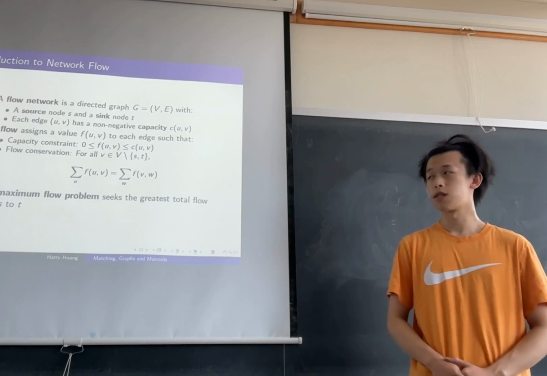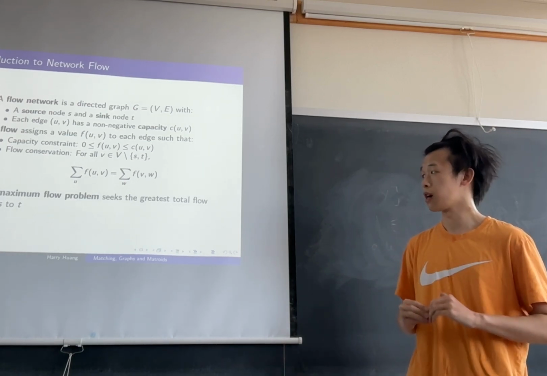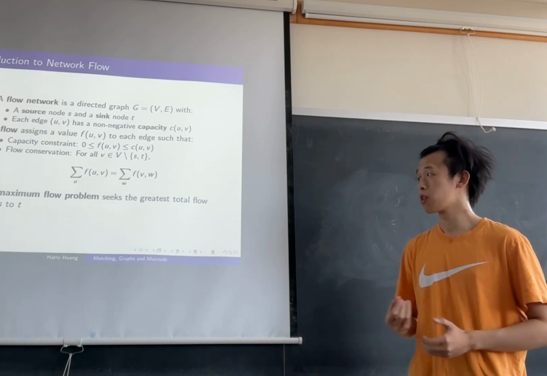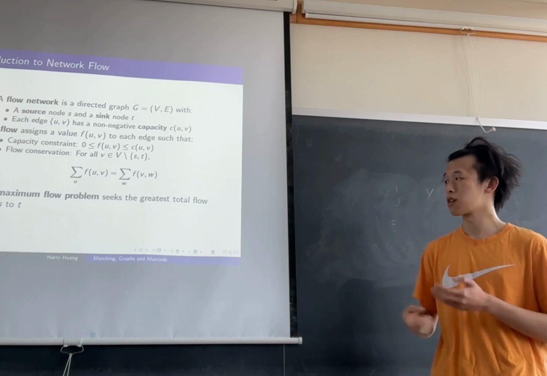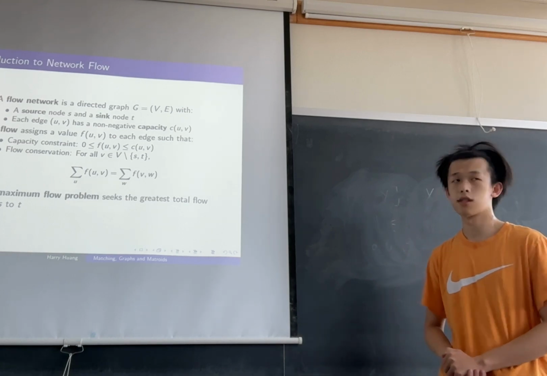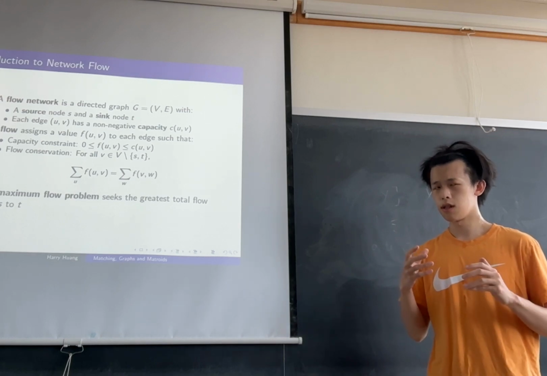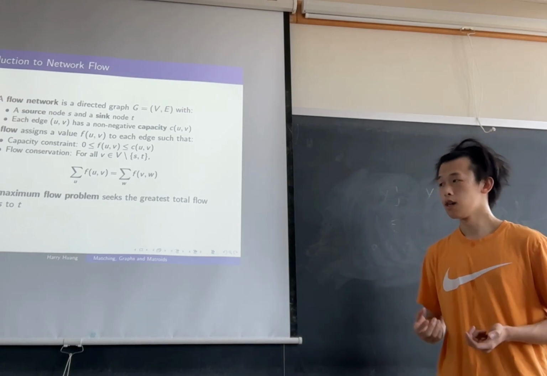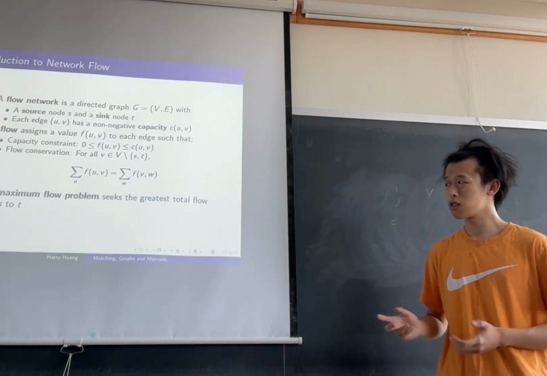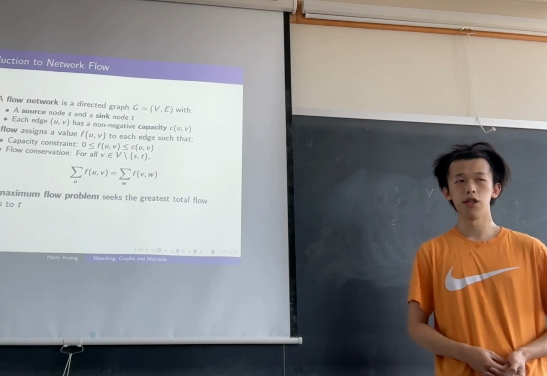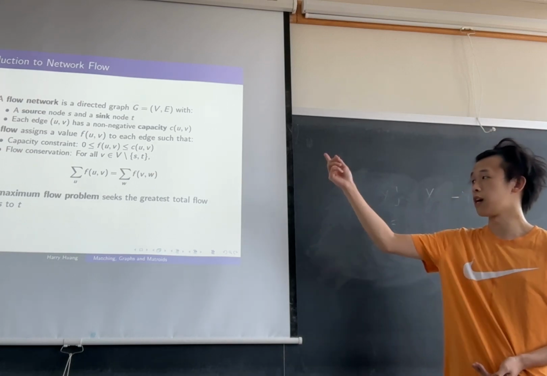Because there is a capacity, the flow on a certain edge can't be more than the capacity of that edge. There is also a very important conclusion: the total flow that every node receives should be the same as the flow that the node sends, except for the source node and the destination node, which we call the sink node.